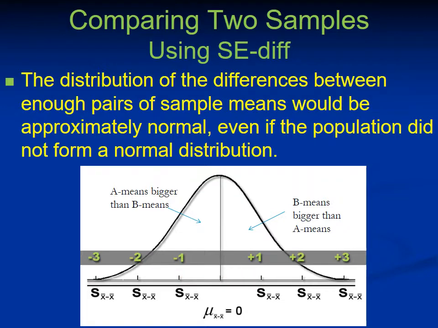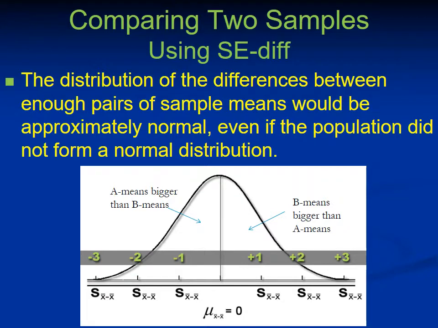And 95% of the distribution of differences is going to fall between -2 and +2 standard error of the difference, and so on, right? And we know that this 95% confidence interval idea corresponds to a 0.05 level of statistical significance, this 95% level right here.